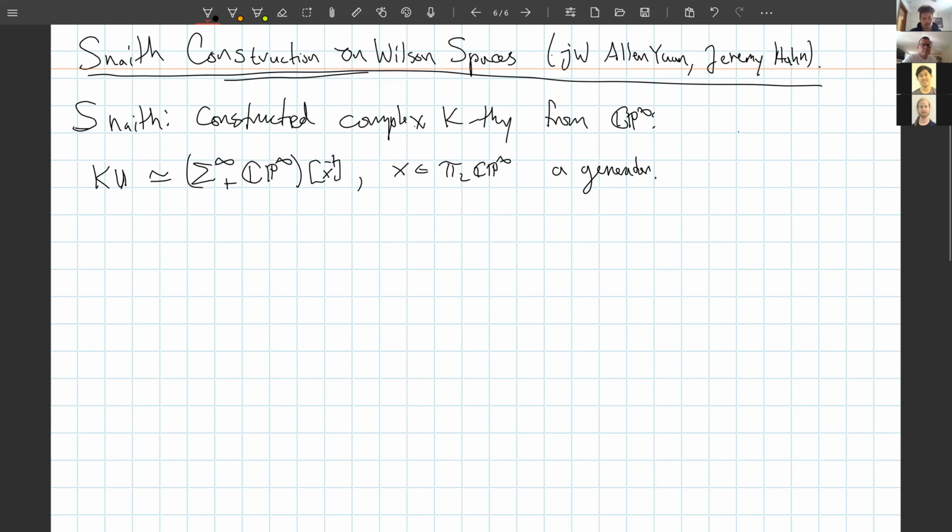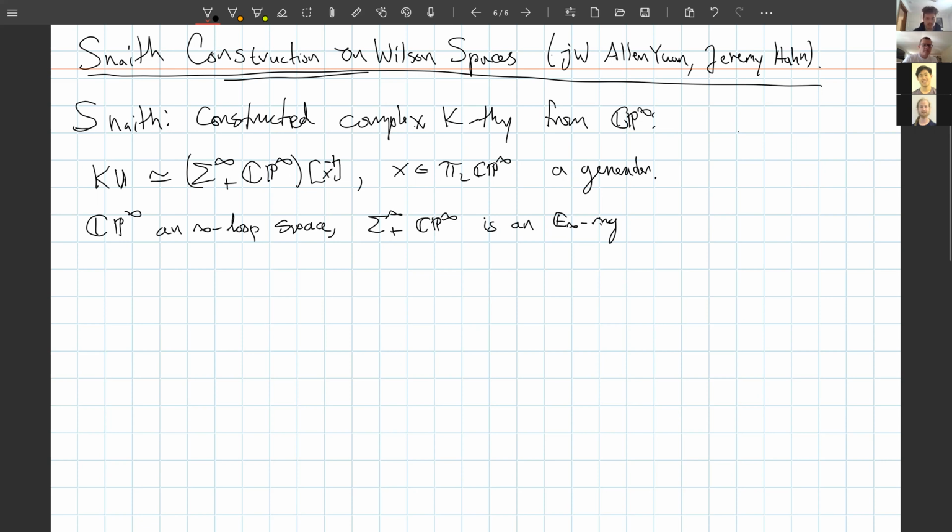Now, CP infinity is an infinite loop space. So the suspension spectrum, suspension infinity plus of CP infinity, is an E infinity ring. And you can localize E infinity rings and still get an E infinity ring.